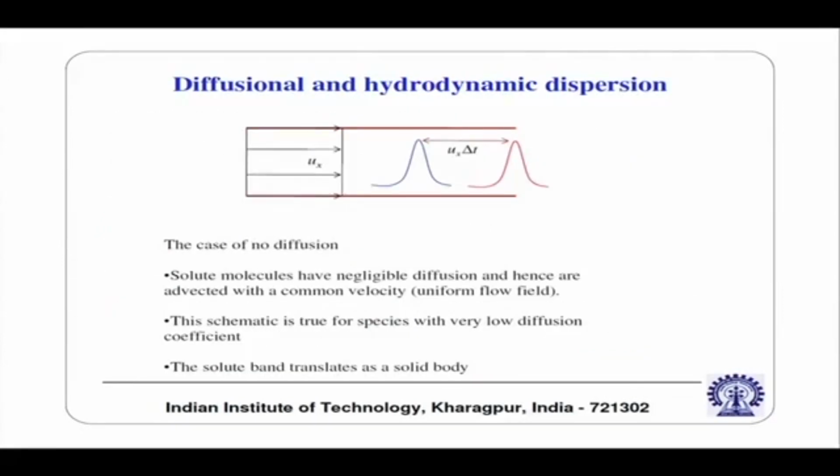So just to summarize the physical picture of dispersion, if there is no diffusion, you can see this blue concentration profile will just be moved like a rigid body to the concentration profile over the time delta t, and the displacement is just u into delta t. There is no distortion in the concentration profile.